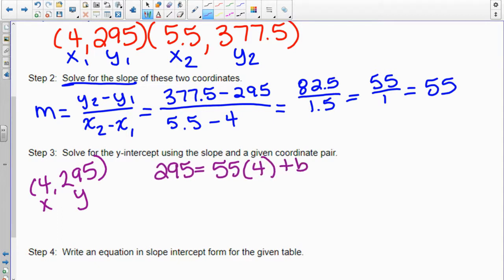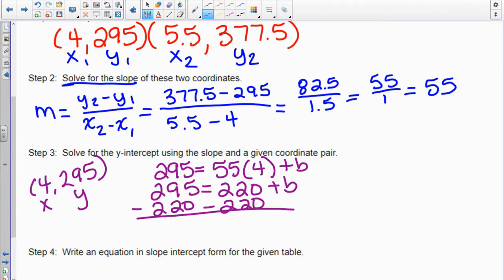And my goal is to get the unknown b at the end. So 295 equals 55 times 4 is 220, plus b. I'm going to subtract 220 from both sides because I don't want that on the side with the b. So 295 minus 220 is 75. So b, or my y-intercept, is (0, 75).